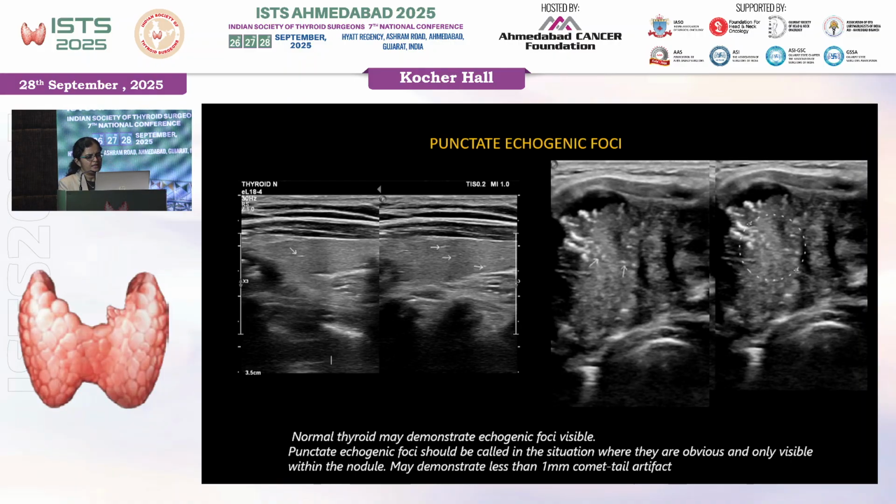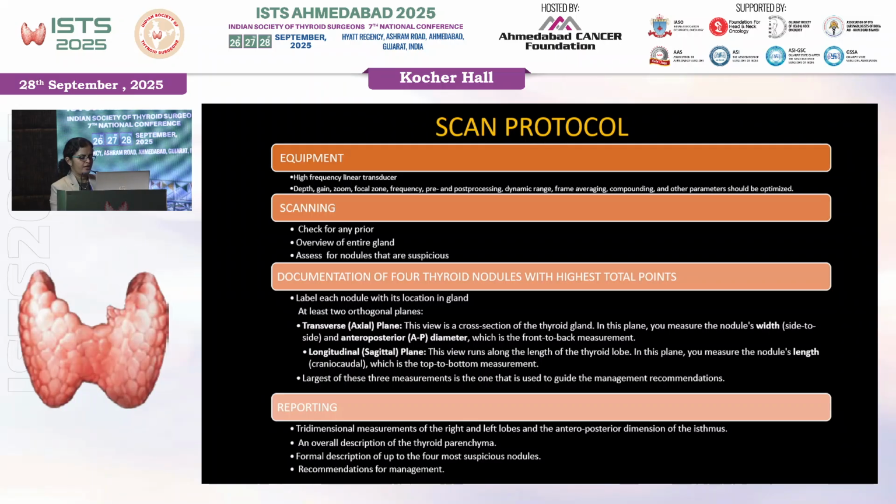So punctate echogenic foci, like what you see over here, these are the true punctate echogenic foci, and occasionally the normal thyroid gland may have these dots and dashes like appearance, which is just the normal artifact and appearance. So we call punctate echogenic foci when they are only visible within the nodule and explicitly visible. Not if it's similar to the adjoining thyroid parenchyma, don't overcall punctate echogenic foci.